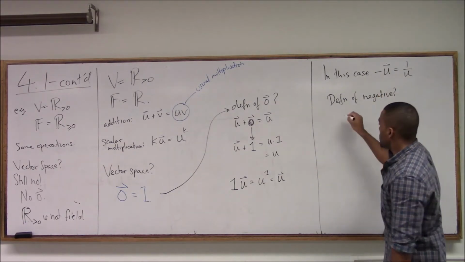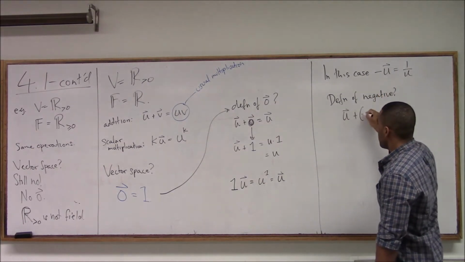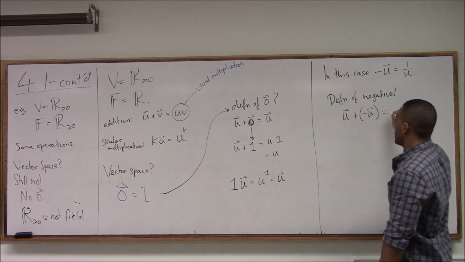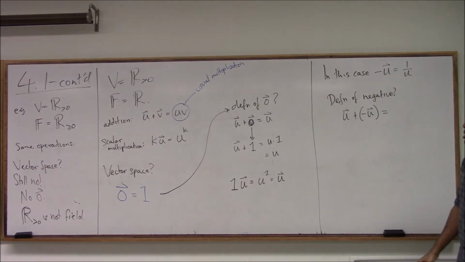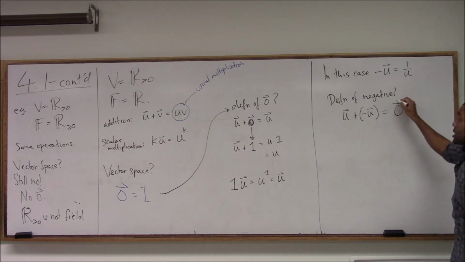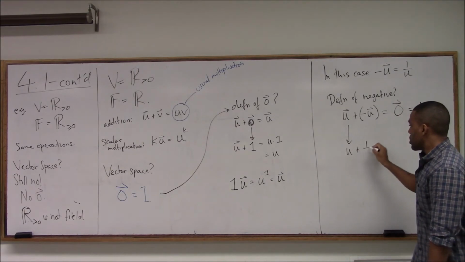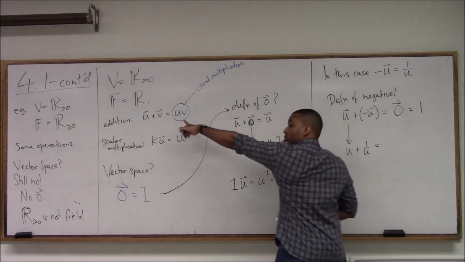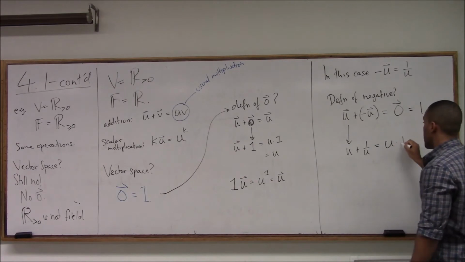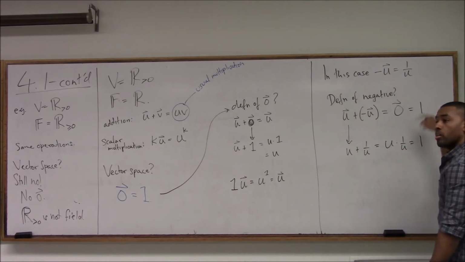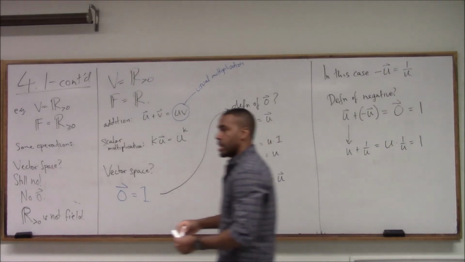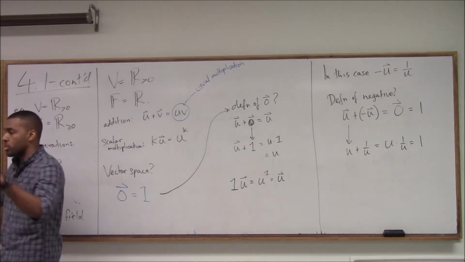We say U plus minus U should give us 0. Now, in this case, I know my 0 is 1. So if I take U plus 1 over U, according to this rule of addition, I end up with U times 1 over U, which gives me 1. I do have negatives. The negative in this case is the reciprocal.